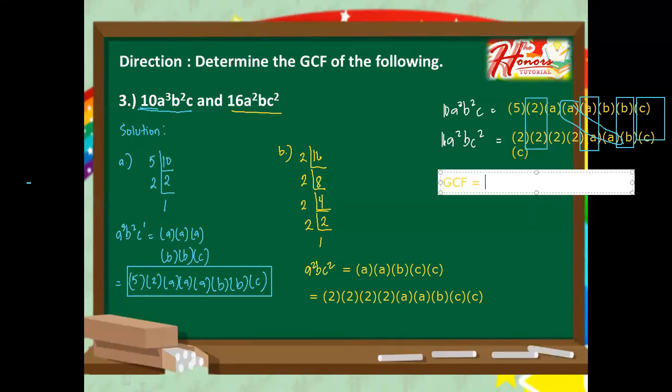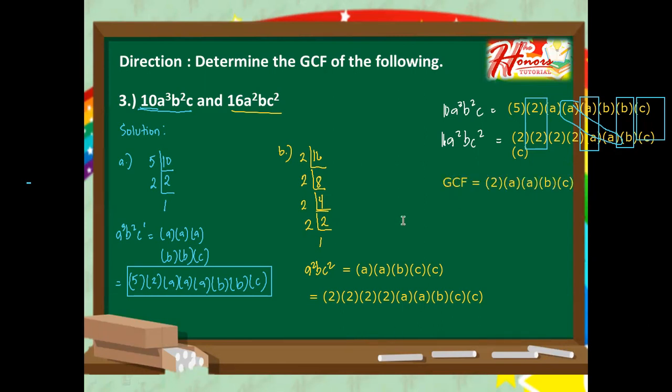So GCF is equal to 2 times A times A times B times C. Okay. Now, let's multiply it. So therefore, GCF is equal to 2. A times A, that's A squared. B times C, that's BC. So this is the GCF for this example.